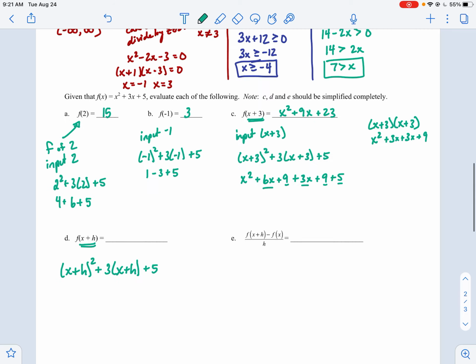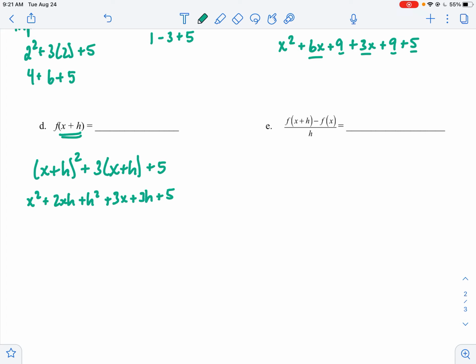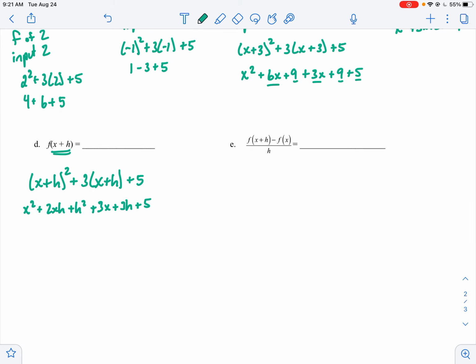So that's all that's saying. If I wanted to simplify that, I could. So this would be x squared plus 2xh plus h squared plus 3x plus 3h plus 5. Not much that combines there, right? That's as good as it gets. So kind of ugly and gross, but that's it.